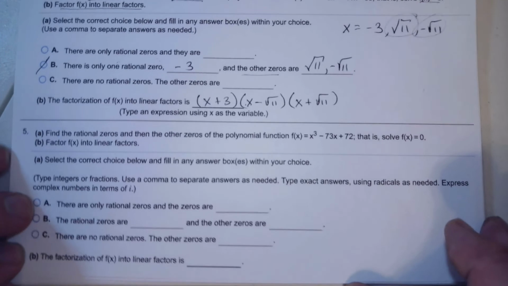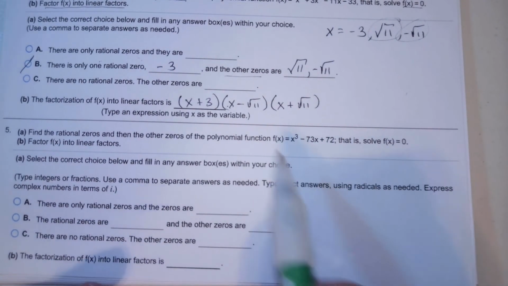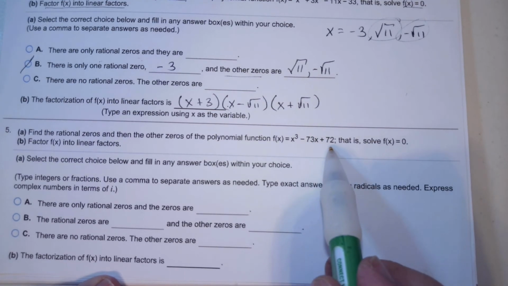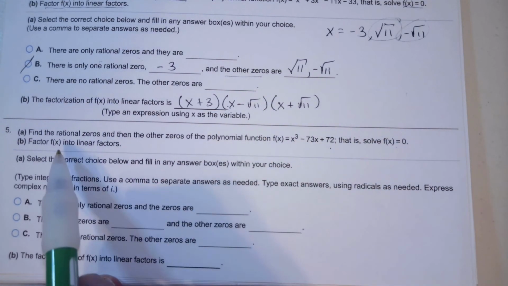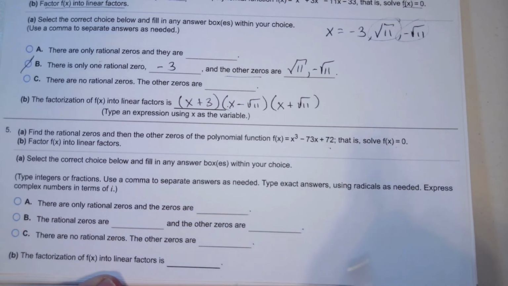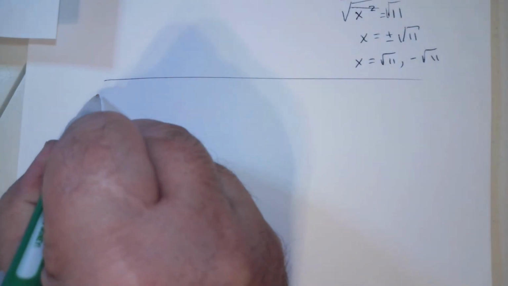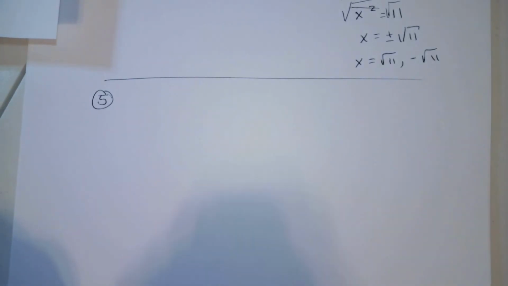And the last one. Same type of things. Here's our polynomial. Find the rational zeros, and then factor them. Question 5.